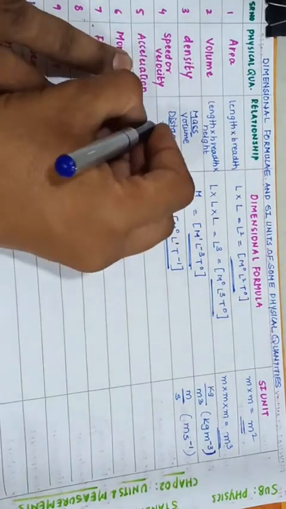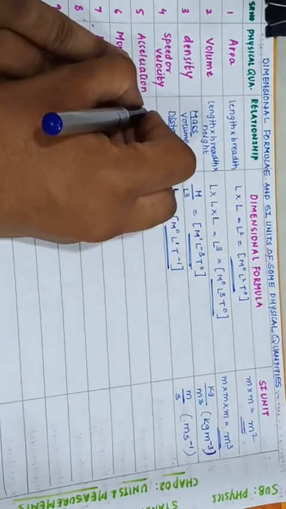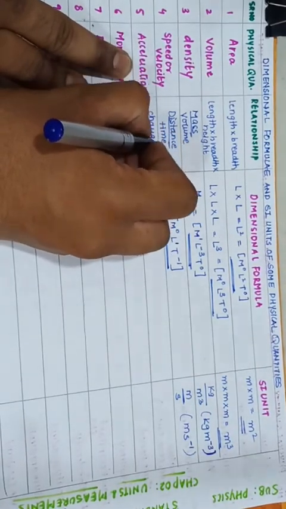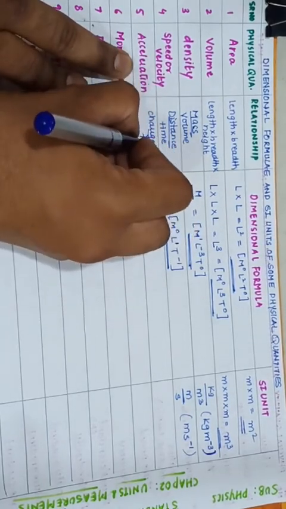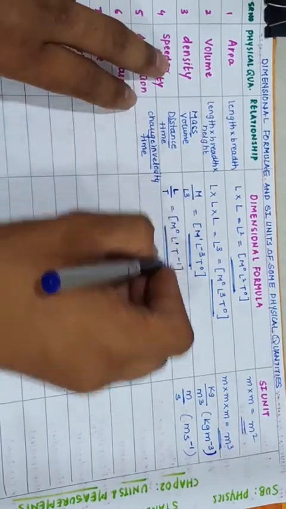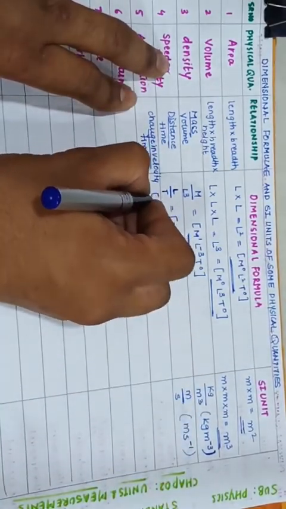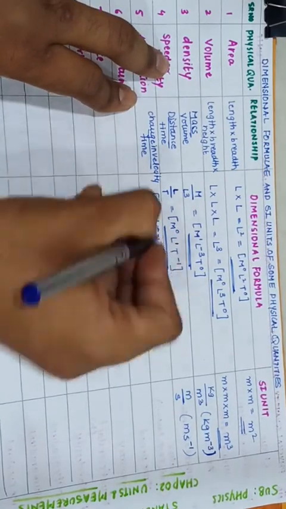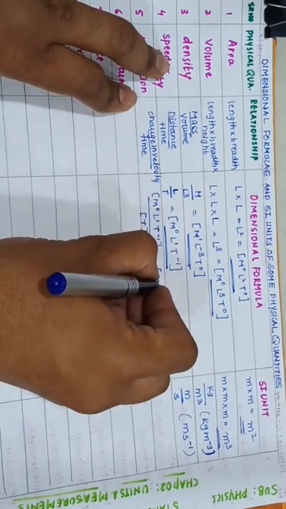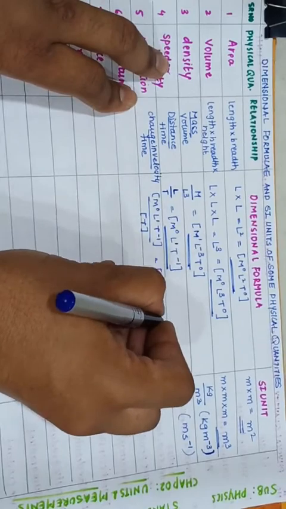Next is acceleration. What is acceleration? Acceleration is nothing but what? Change in velocity upon time, you can say. Change in velocity, you have already derived the formula for velocity, that is how much? M0 L1 T minus 1 divided by time is T. Again this T will move up, so it's M0 L1 T minus 2.